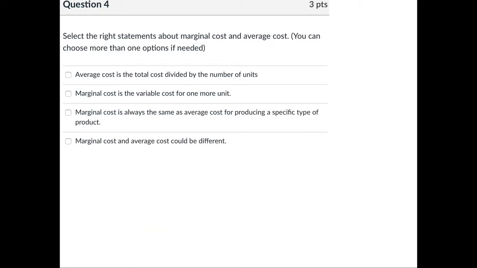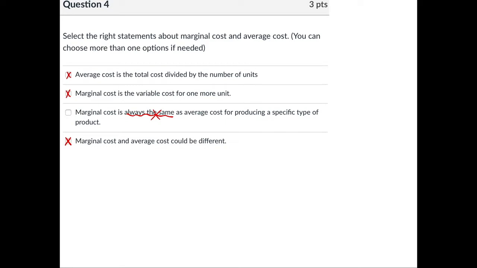Select the right statement about marginal cost and average cost, and you can choose more than 1 option if needed. Average cost is the total cost divided by the number of units. That's right. Marginal cost is the variable cost for 1 more unit. That's right. Marginal cost is always the same as average cost. Always the same? No. Marginal cost and average cost could be different.